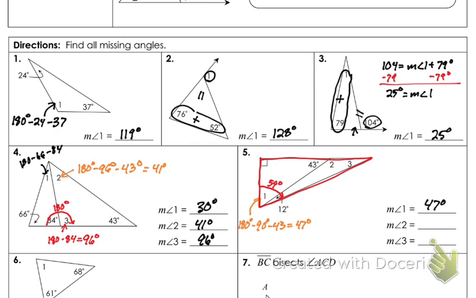Now I know two of the angles of this triangle. So anytime I know two angles of a triangle, we just do 180 minus those two angles. So to get to angle 3, we're going to do 180 minus the 59 minus the 90 degrees.